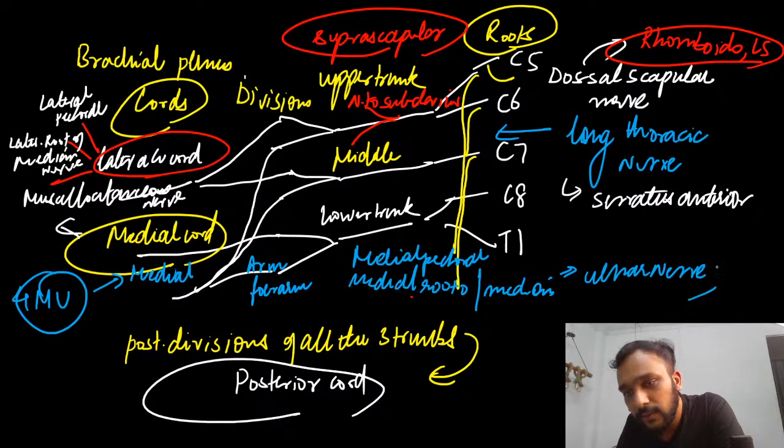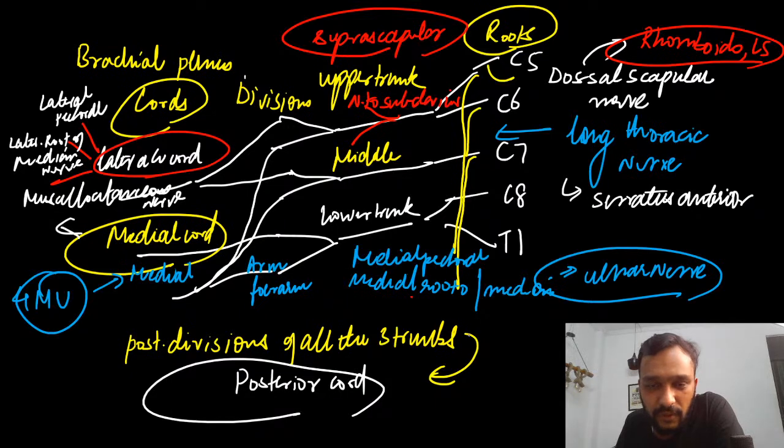Then guys, talking about the branches which are going to come from the posterior cord of the brachial plexus.